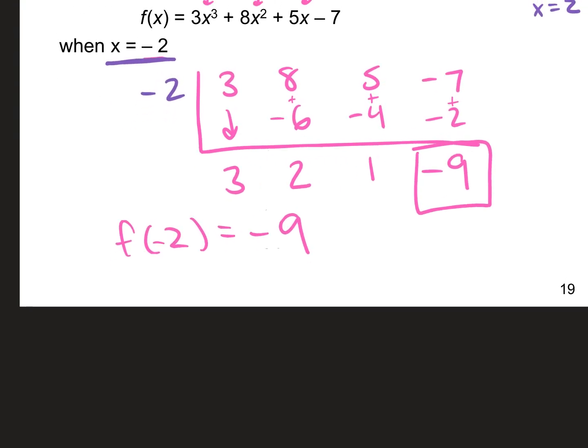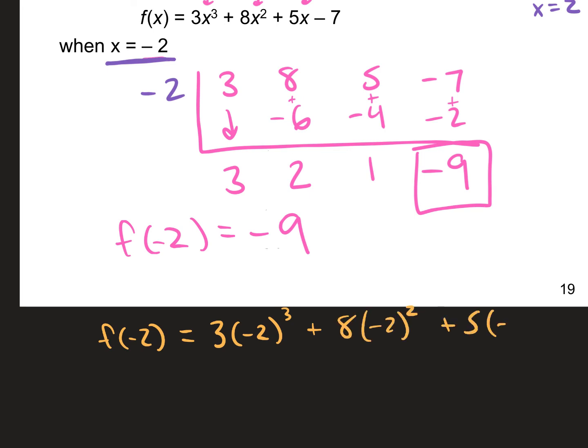So to test it out, we're actually going to plug in -2 into all of our x's. So I have 3 times -2 cubed plus 8 times -2 squared plus 5 times -2 minus 7. So here I have 3 times -2 cubed. -2 cubed would be what? -8. And -8 times 3? -24.